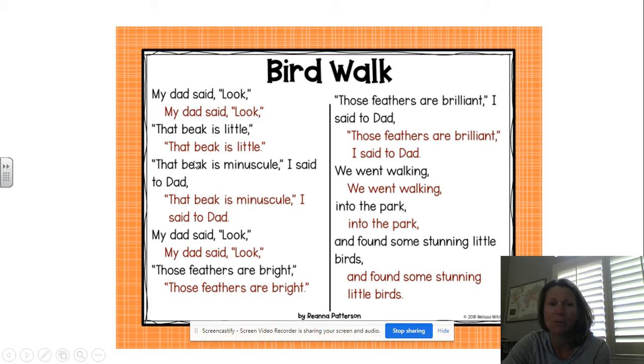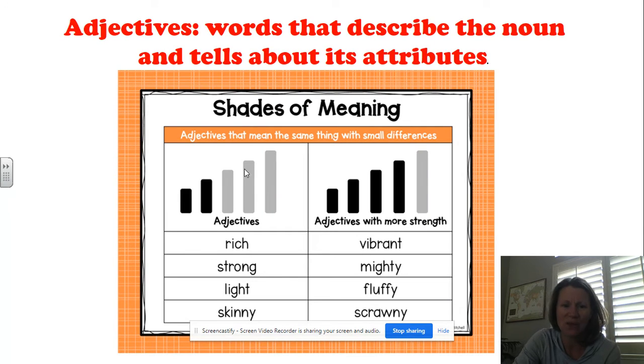The person responding to Dad said that beak is minuscule. Minuscule means the same thing as little. It means very, very small. But it's kind of a special word. It's a big word. It's a spicy word. You don't hear that word every day. So it's a really cool adjective.